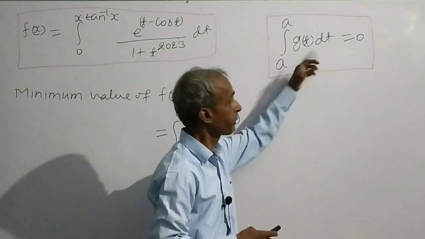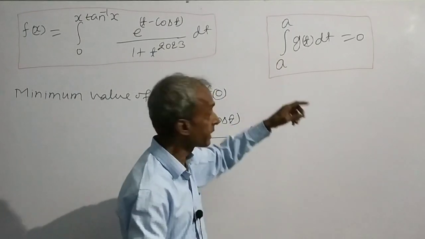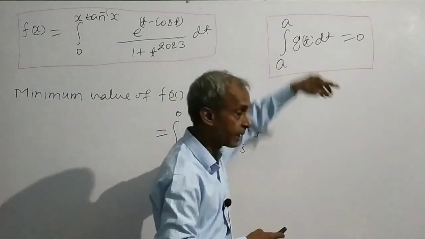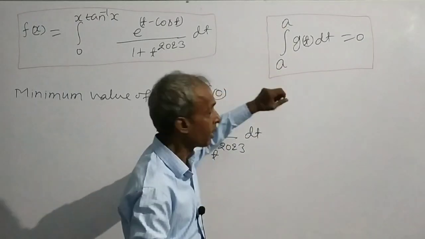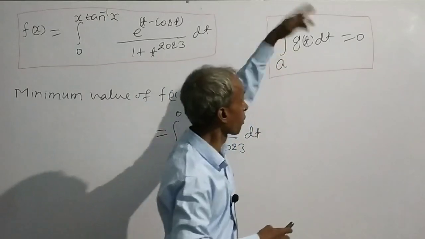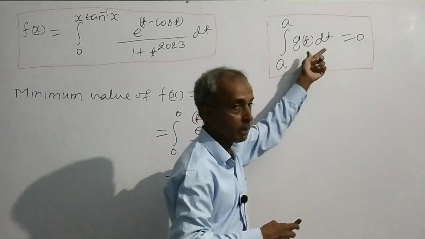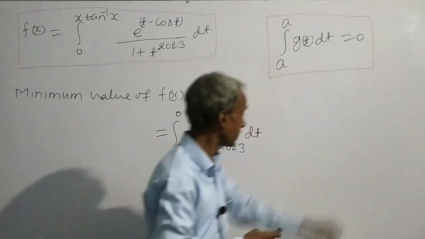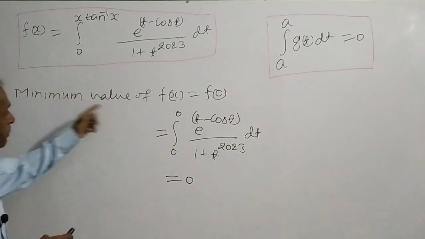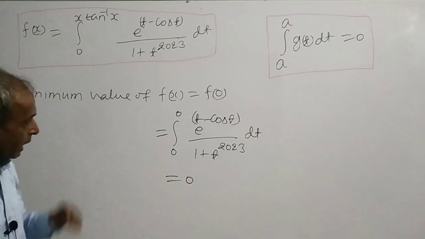Here is any function, but the limits of integration are the same number a to a, from 5 to 5 or from 6 to 6 or from 1 crore to 1 crore. If both numbers are the same, the value of this will be 0. Therefore, this will be 0. Therefore, the minimum value of fx will be 0. Now it is over.